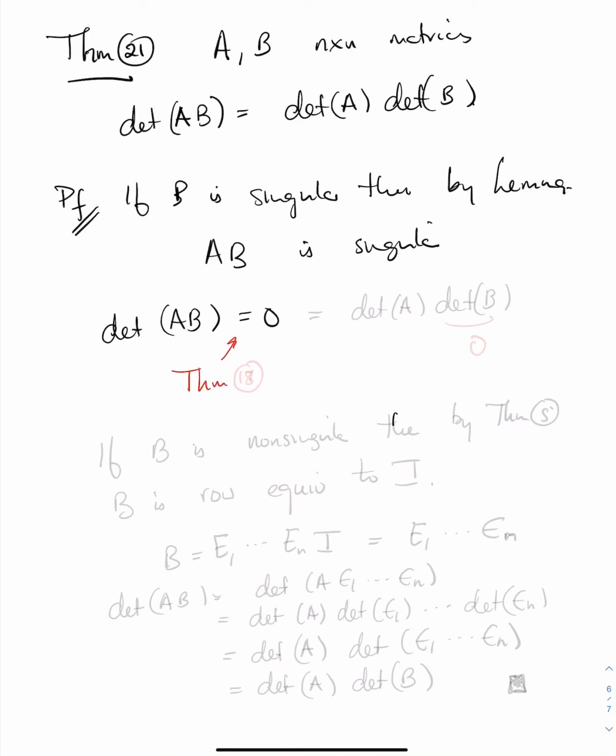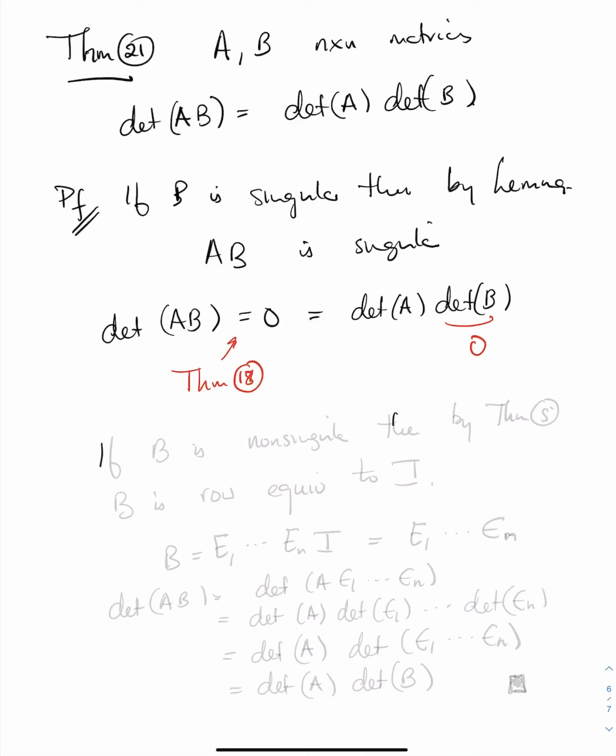By the theorem that we proved above, Theorem 19, or 18, depending on what you want. This also means that the determinant of A times the determinant of B is 0, since the determinant of B is 0. So the determinant of A times B is equal to the determinant of A times the determinant of B.